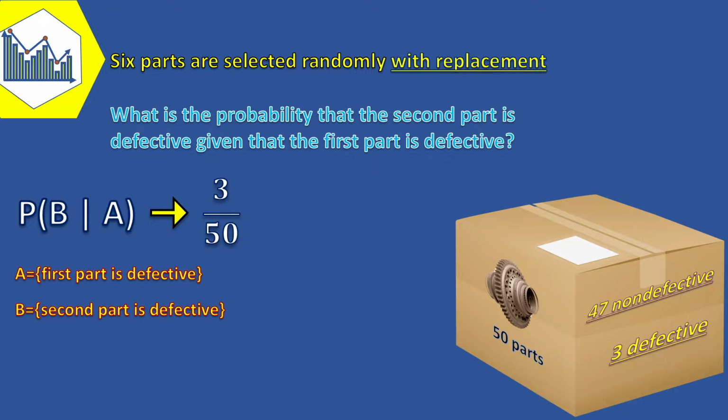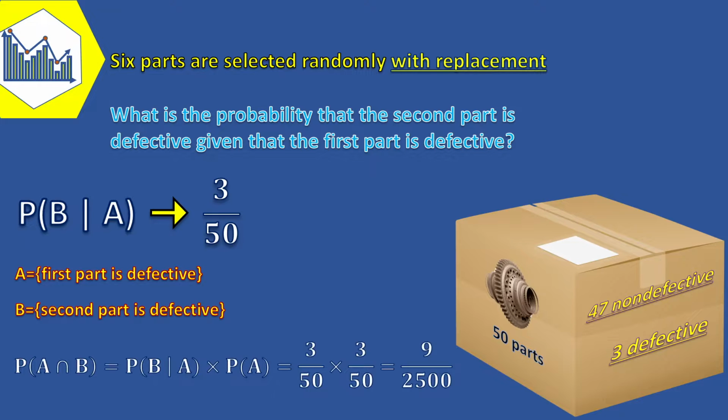Also, the probability that both parts are defective is the probability of the intersection of A and B, that equals the probability of B given A times the probability of A, that is 3/50 times 3/50 again, that equals 9/2500. The preceding example illustrates the following conclusions.